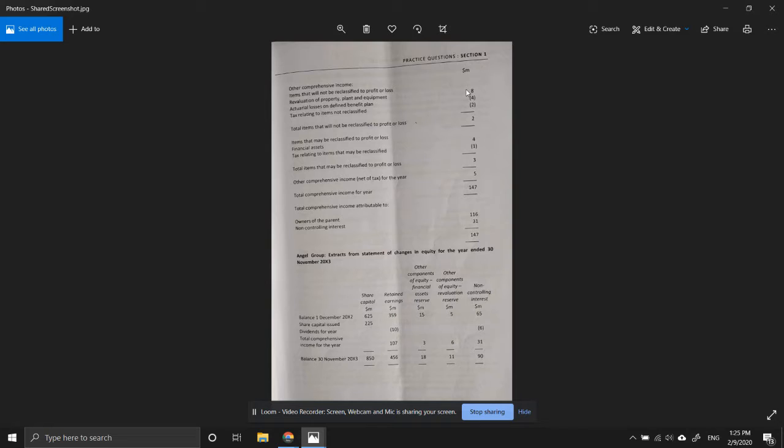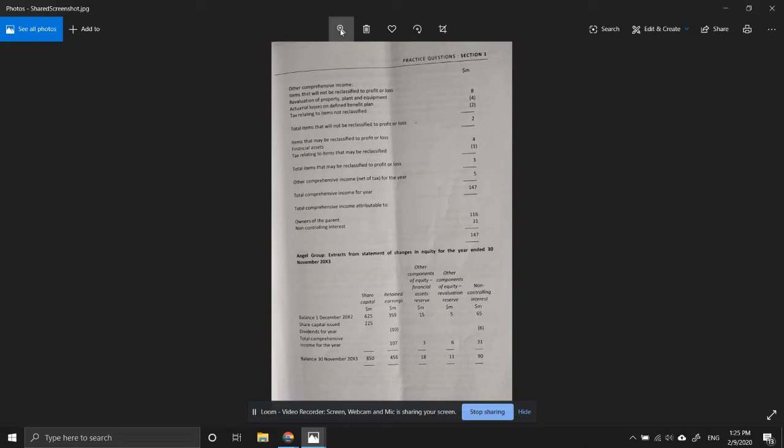This will be important when we are calculating our PPE, right? Then items that may be reclassified to profit or loss, in case of financial asset. The kind of financial asset we reclassify is only debt. Always remember that. So when it says items that will be reclassified, and it's a financial asset, it's always debt. And then tax relating to the above is -2, -1, right?